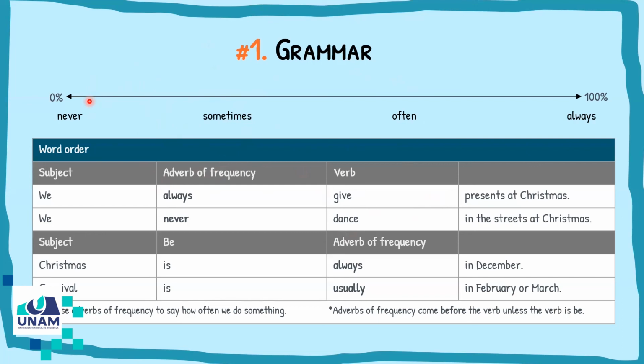Hardly ever, casi nunca. I hardly ever get angry. Casi nunca me enojo, ¿no? Algo así. But it's important to learn the first ones: never, sometimes, often, and always, that are the most common. Okay? And that's all. I hope I can help you.